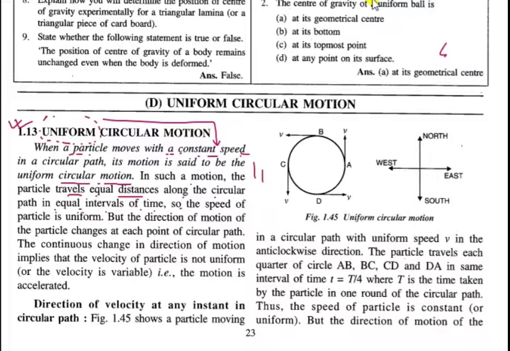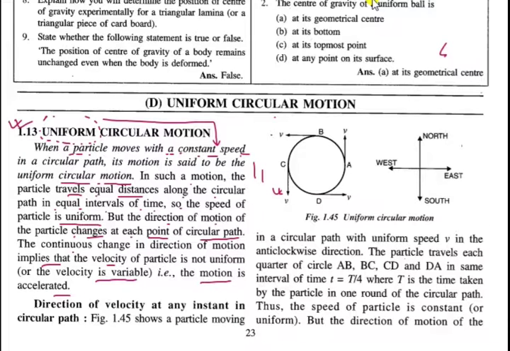So the speed of the particle is uniform, but the direction of motion of the particle changes at each point of the circular path. You can see here in this picture A, B, C, D. At each point, the direction of the particle has changed. Now, the continuous change in direction of motion implies that the velocity of the particle is not uniform, or the velocity is variable. That is, the motion is accelerated.